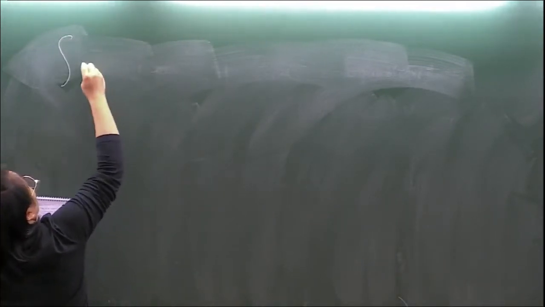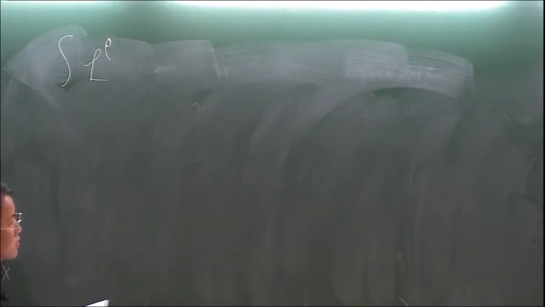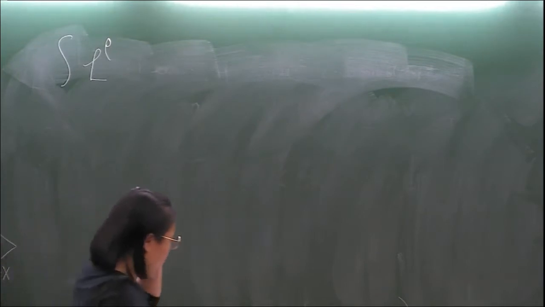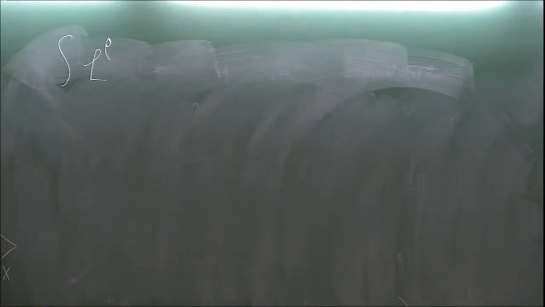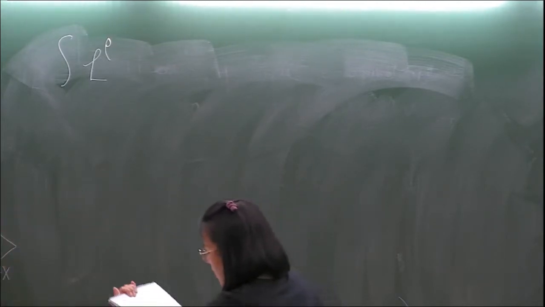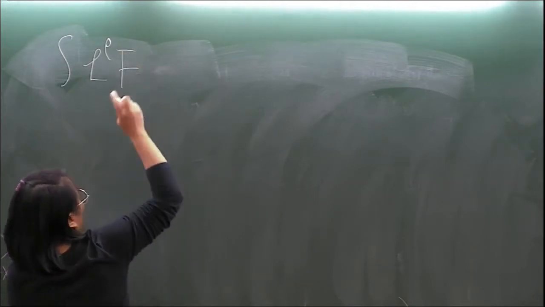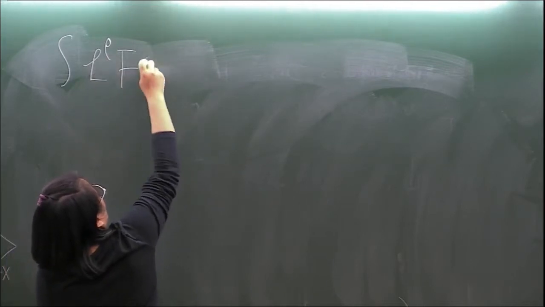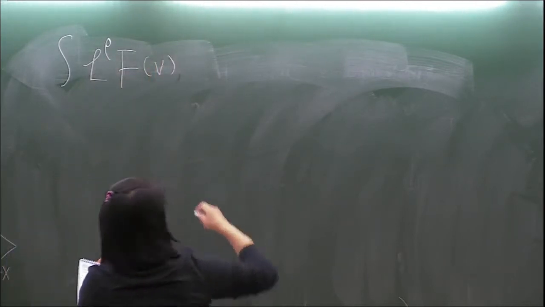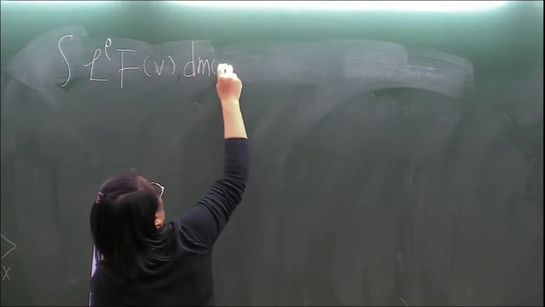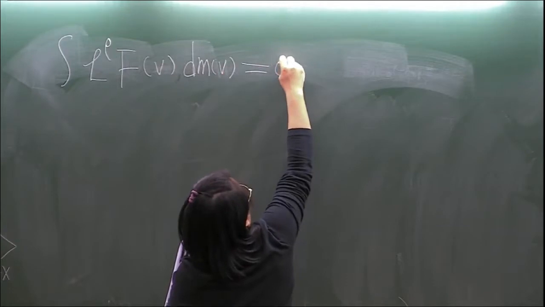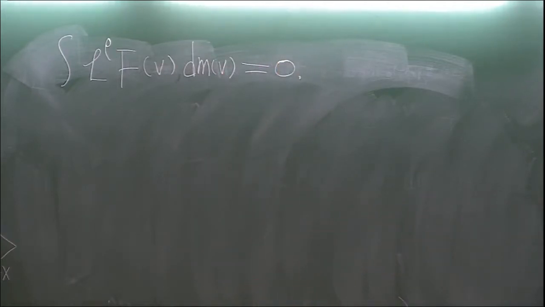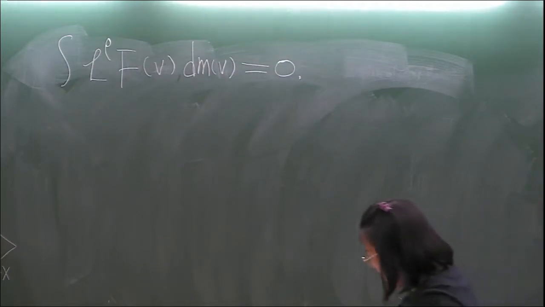Many times we call it harmonic. Right? So what does it mean? As before, you have any smooth function f on S M, then this operator applied to f, evaluated at v, and the integral of this with respect to this measure will be 0. This is your definition of harmonic measure.